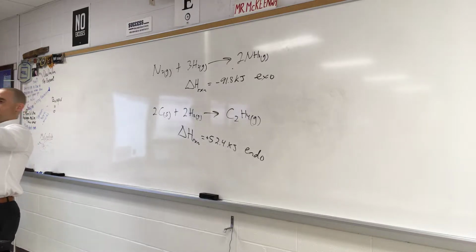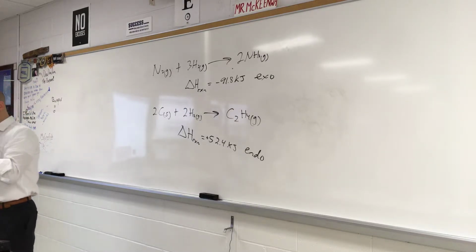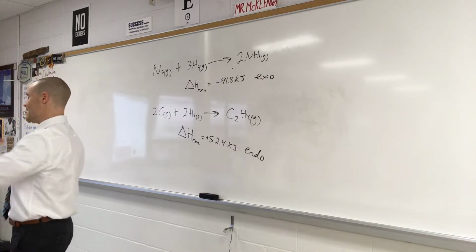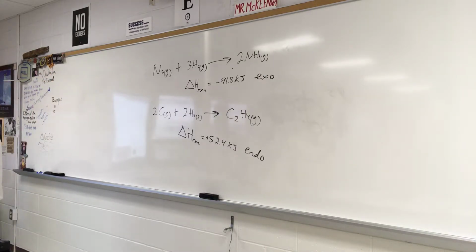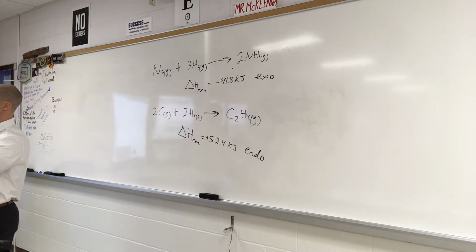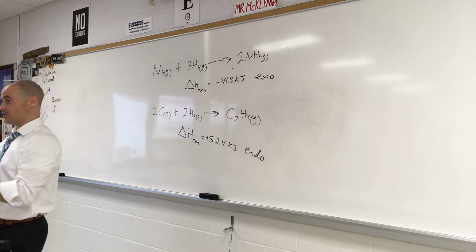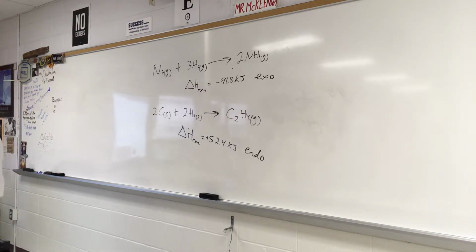You enter through the door in the beginning of class. When do you exit? At the end of class, you exit. This is really important. What's exit mean again? To leave. Exothermic, and enter means to enter. Endothermic. Okay. So get those straight. Everybody got that straight?